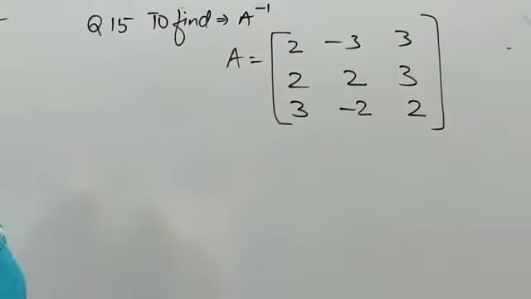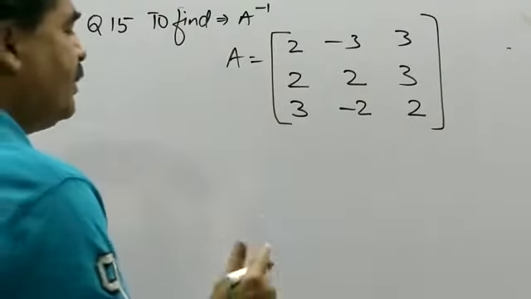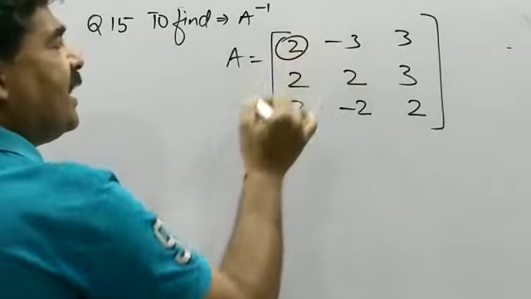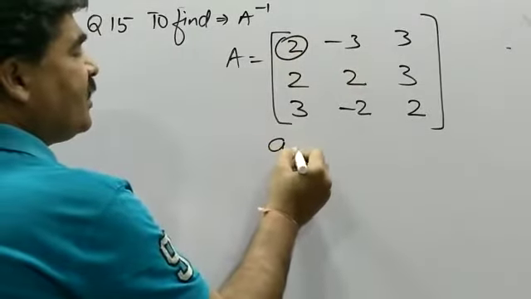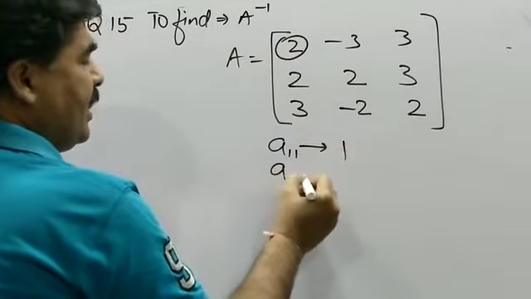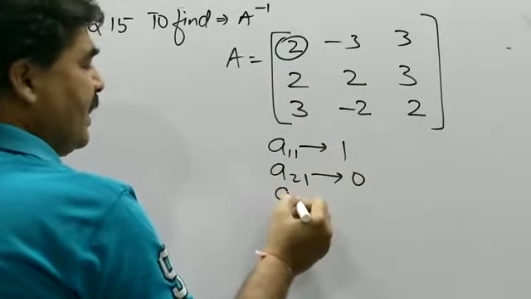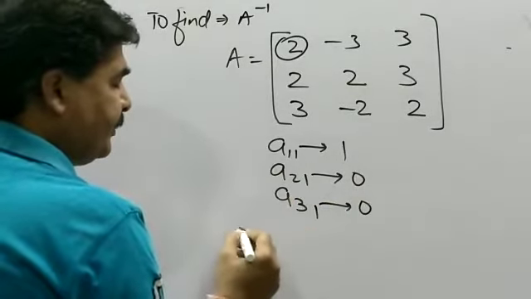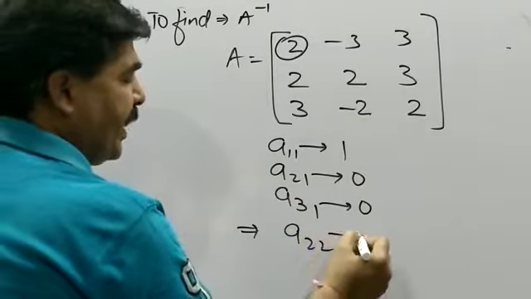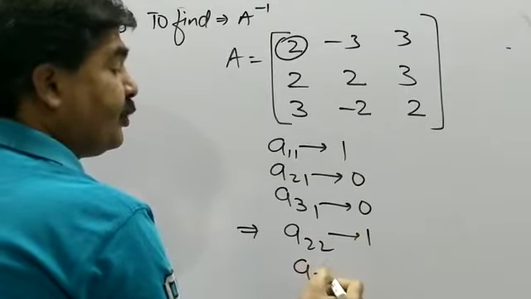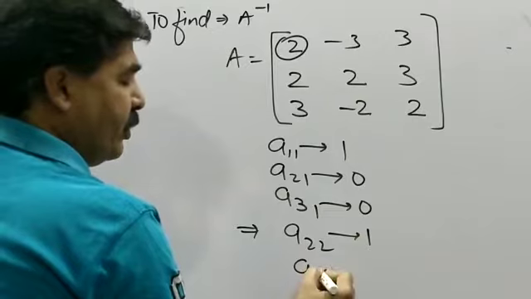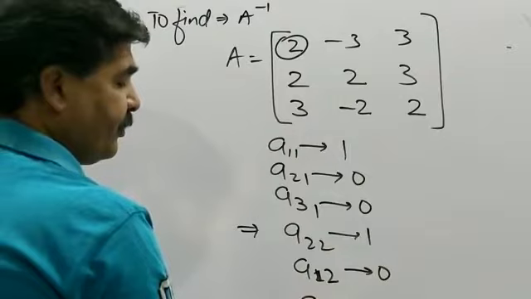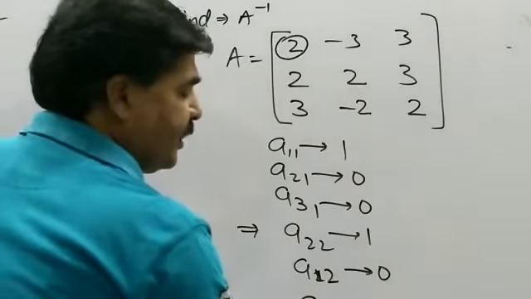Now, the process I have already shown you: first you convert this element into 1, meaning first A11 into 1, then A21 into 0, then A31 into 0. After that, A22 into 1, A12 as 0 and A32 as 0.